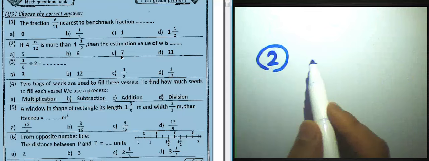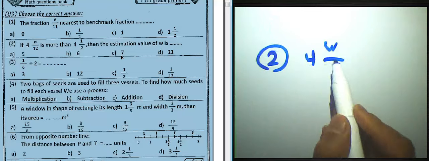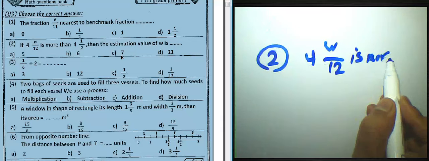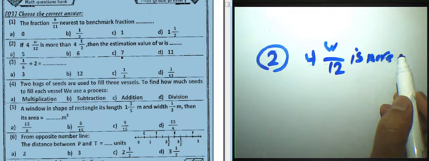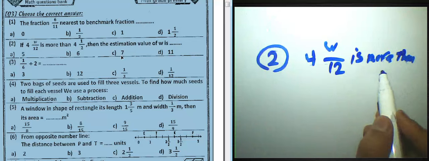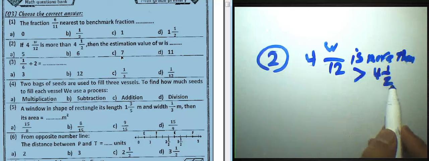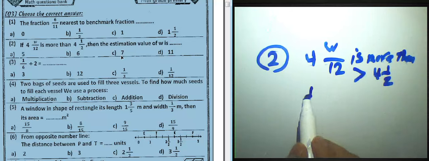Again, question number 2. He gives us 4 and W over 12 is more than what? 4.5. It's greater than 4.5. We know 4 and 6 over 12 is half.